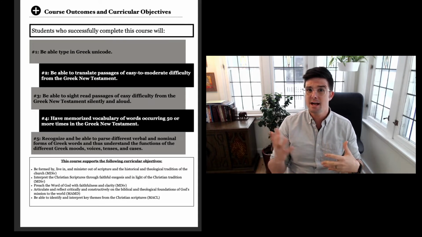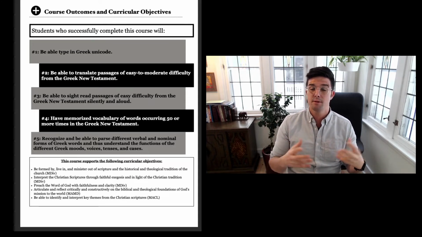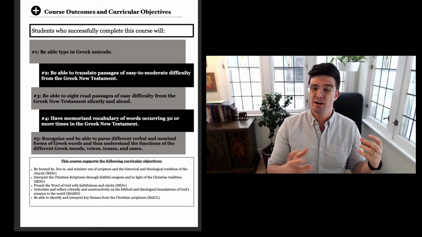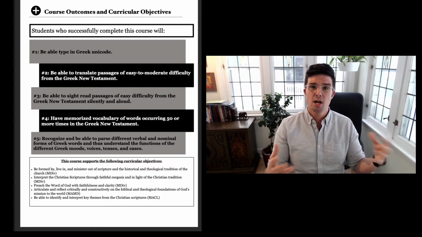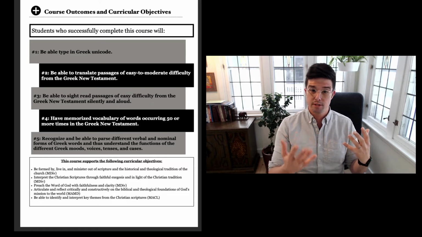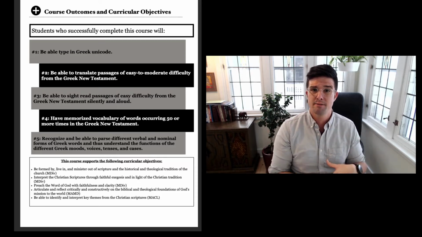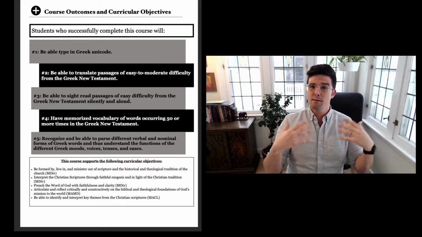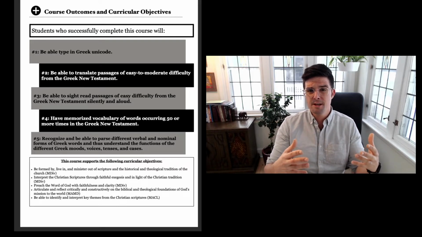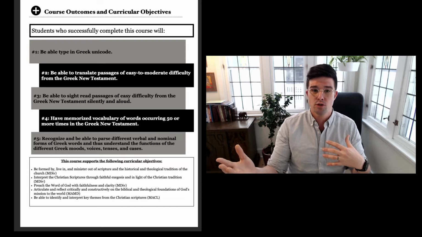And then by the end of the class, you'll be able to translate the New Testament, especially passages of easy to moderate difficulty. Something like a passage from the Gospel of Mark, you should be able to pick up and sight read, as objective number 3 says, but also translate thoroughly, being able to note different decisions that you have made in your translation.